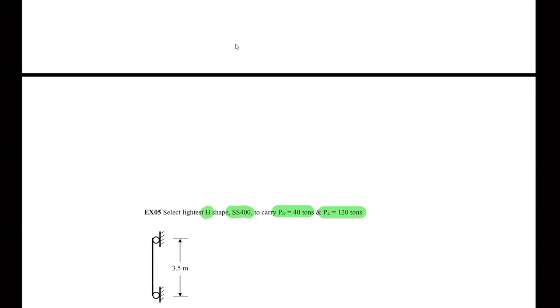Okay, right. Now, remember that your P nominal is F critical multiplied by AG. You don't have the section, so you don't know the area.